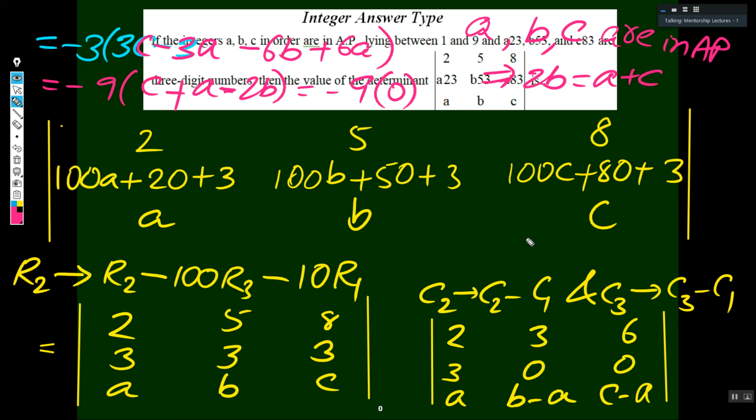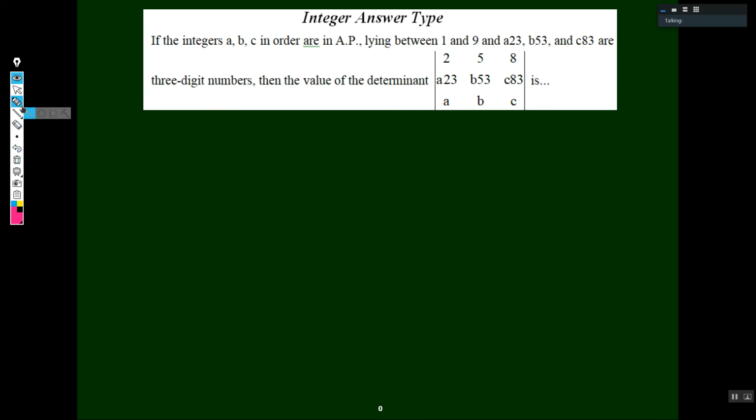I repeat, I am erasing this first. No, you need not even go for splitting also, Srivardhan. What I'm saying, I'm erasing this. Every one of you. Now, what I'm saying, here A, B, C, A take it as 2, B as 5, and C as 8.